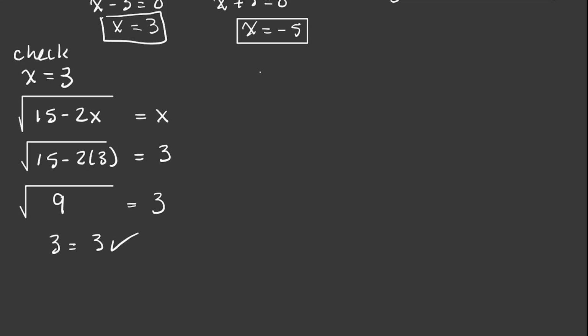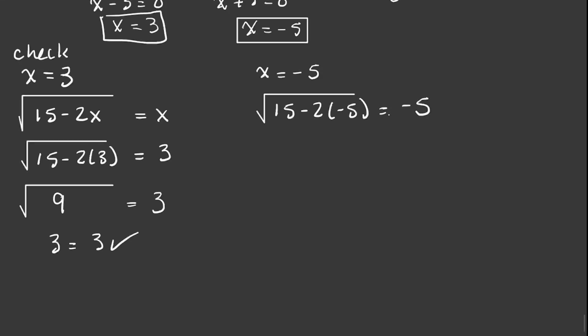So now I have to do the same thing for x equals -5. For every x value I have in my equation, I input a -5. Now, just by looking at this equation, the fact that I have the radical equal to -5, I know that this solution does not work, because the radical, when I evaluate it, is not going to give me a negative number.